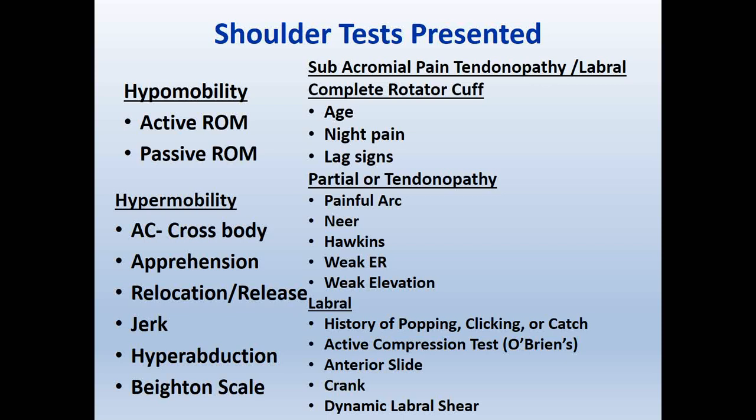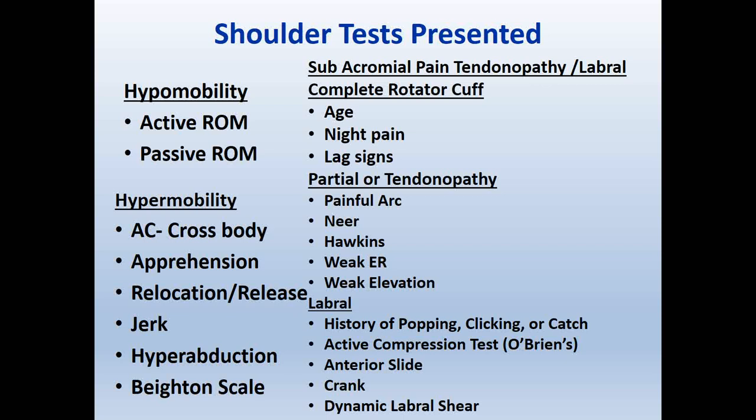The jerk, posterior instability, hyperabduction for inferior glenohumeral instability, and the Beighton scale for generalized laxity. These tests would be appropriate in a person that is suspicious of having some trauma or having some shoulder pain, and I think it's really important to do these anterior and posterior instability and hyperabduction tests to rule out that they have an instability incident.